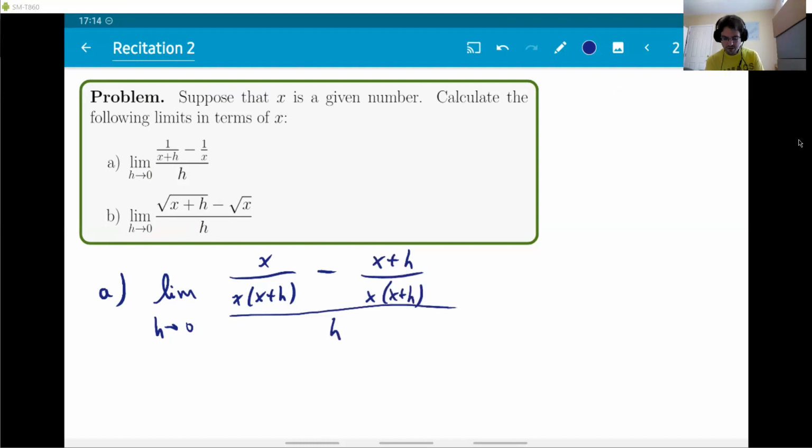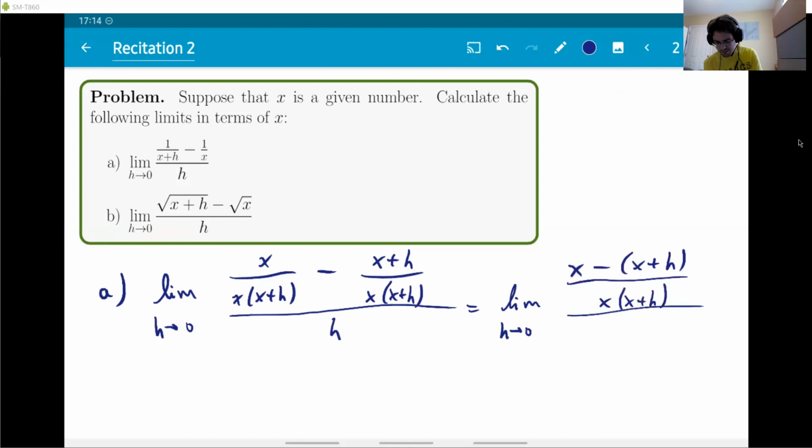They have the same denominator. Again, different people think about sums of fractions in different ways. As long as what you do is correct, you should get to this answer.